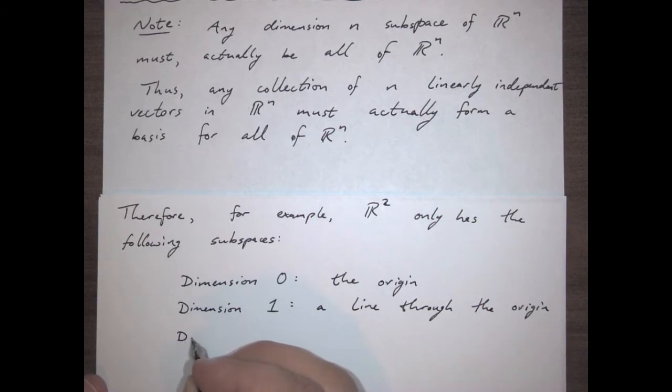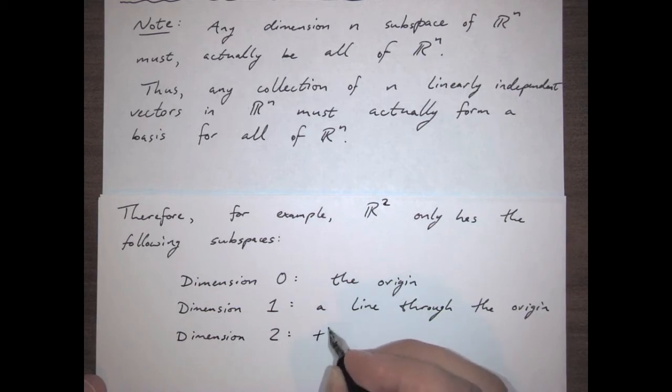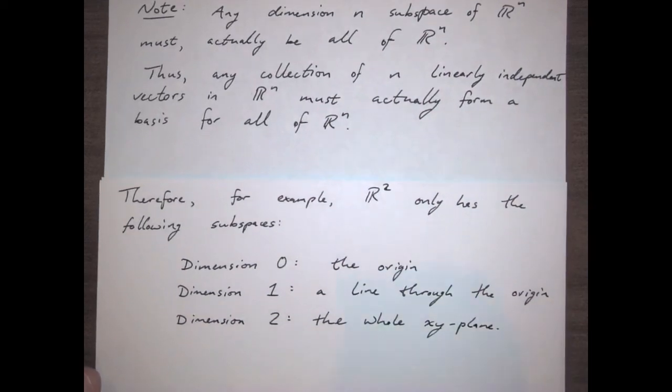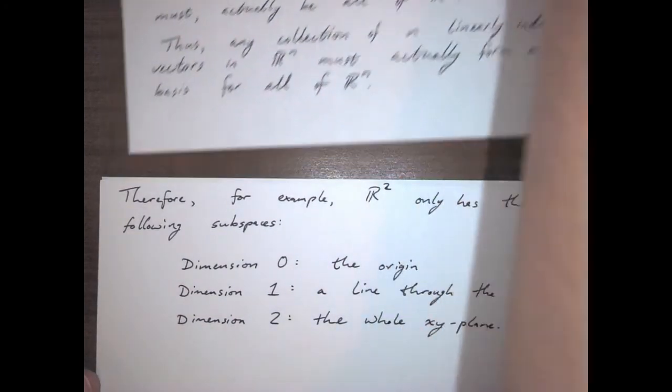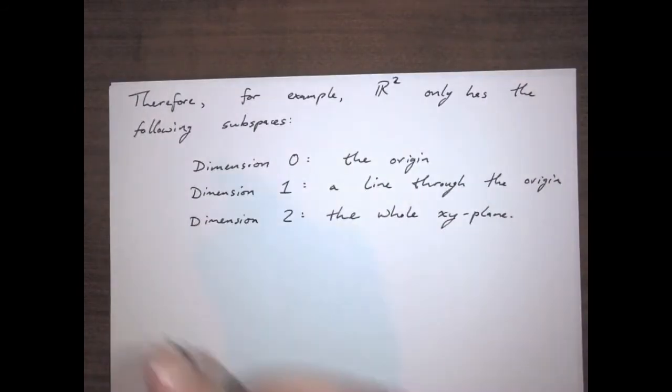And then dimension 2, the whole xy plane. So there is no vector space in between those that satisfies the three properties of a vector space.